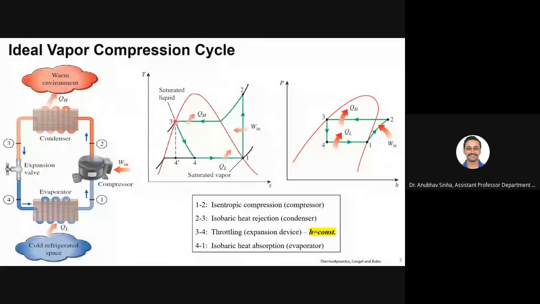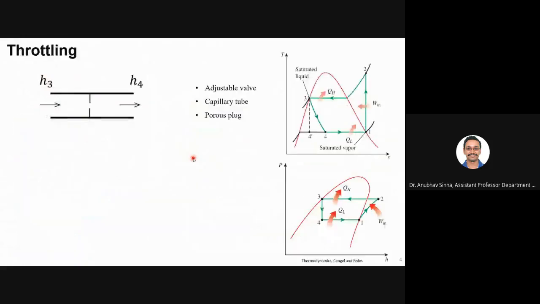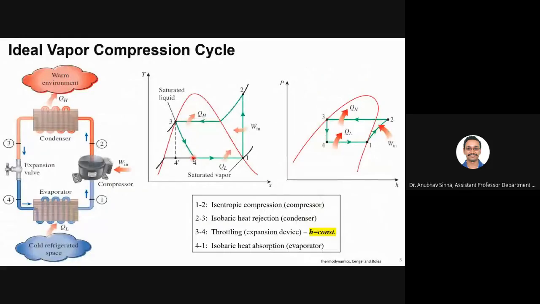If you try to recall, this is one major difference between the Rankine cycle and the vapor compression cycle: instead of an isentropic process, I'm having an isenthalpic process. So enthalpy is maintained constant, and this is basically called throttling. I think in the next slide I will explain that.